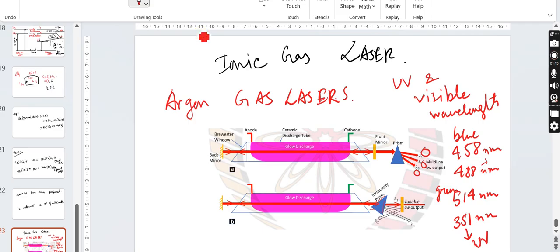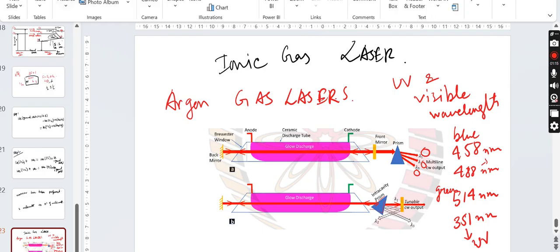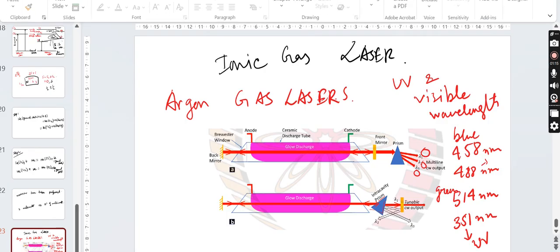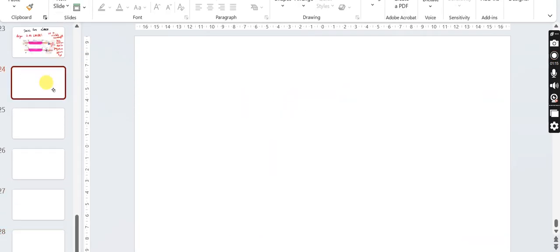And we can have multiple longitudinal modes in this argon gas laser, and also multiple transverse modes, but we always prefer only the 00 transverse mode for the simplicity of the schematic.